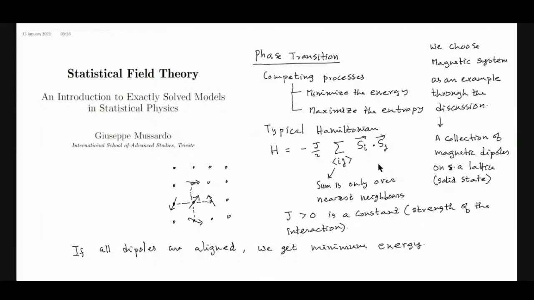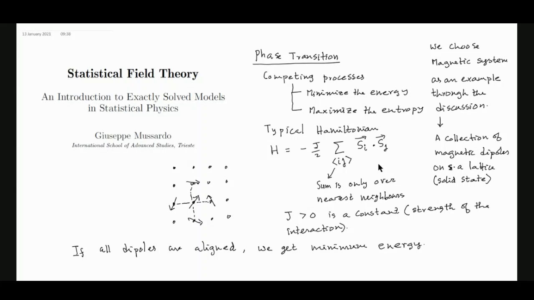This maximization of entropy is governed by thermal energy, or essentially the temperature. Hence, at some temperatures there is a phase dominated by the maximization of entropy, and at other temperatures there is a phase dominated by the process that minimizes the energy.